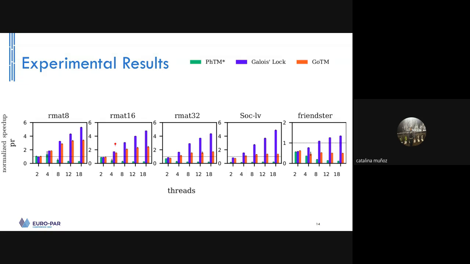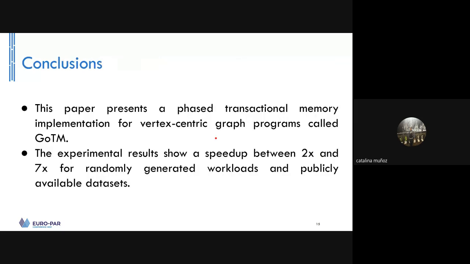So we see that particularly for the largest of our workloads, results are good even with Galois, but Galois does scale for most of the cases, unlike PHTM star, which doesn't really work. And so those are our results.